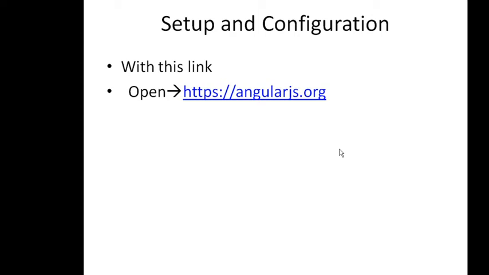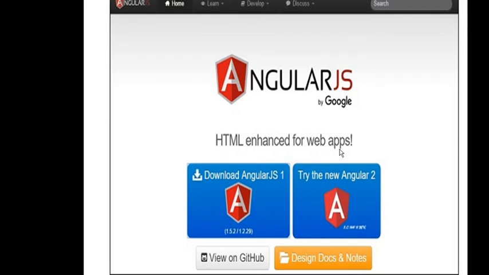Once you open this link, you will see all this kind of stuff: download AngularJS 1 and try the new Angular 2, for the AngularJS versions. You can download it for AngularJS version 4. Then there is View on GitHub and design docs and notes. If you want to learn in depth, you can also download the documents and notes with this link as well.